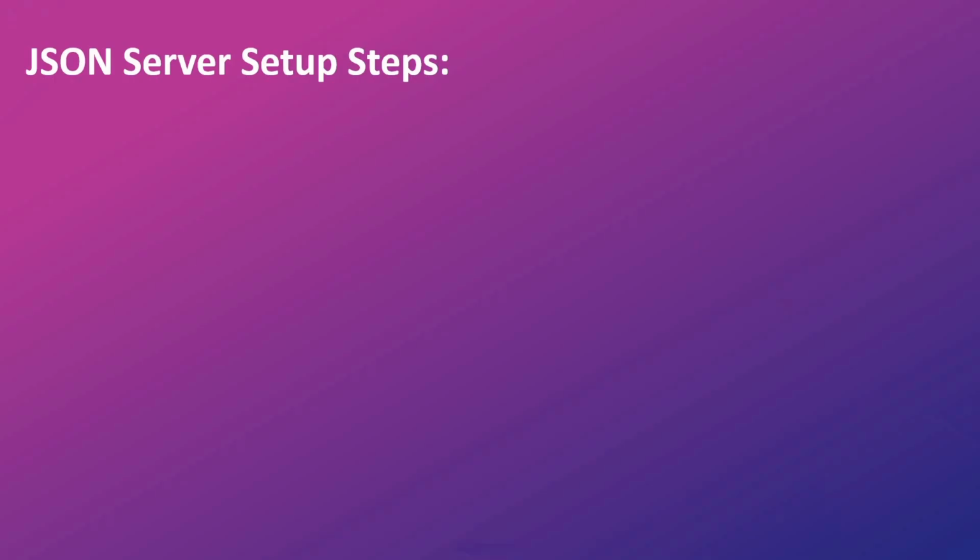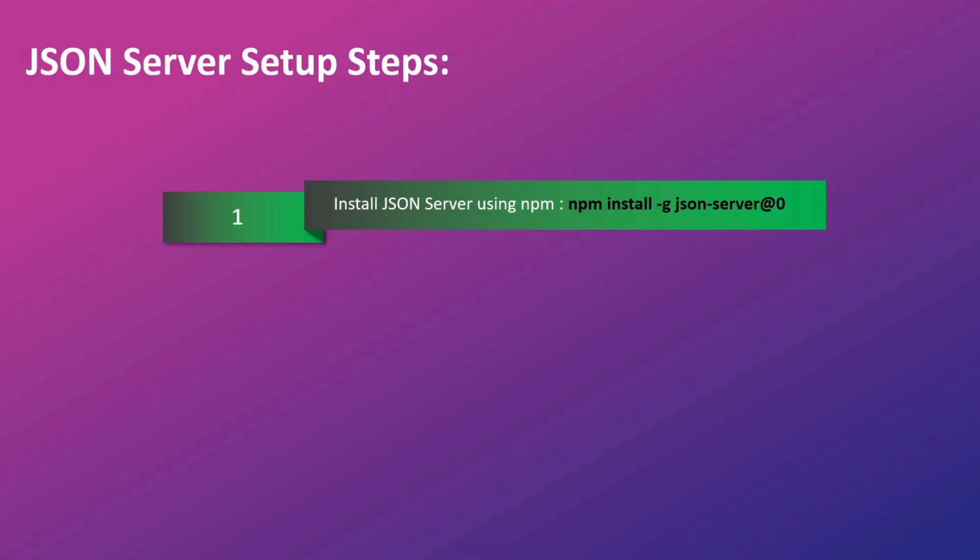Okay. So first, let's understand what steps are required in order to set up the JSON server. And this process involves three steps. First step is we will install JSON server using the command npm install -g json-server@0. And this @0 flag ensures that we install the stable version, which automatically generates IDs in integer format when adding new data to the database.